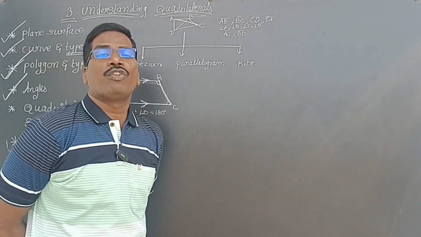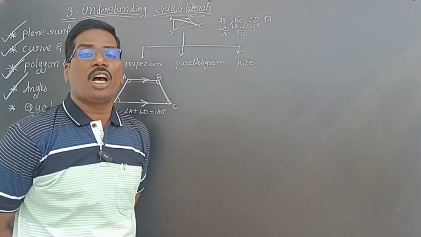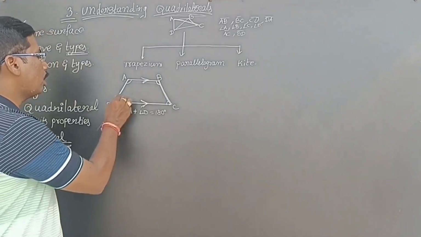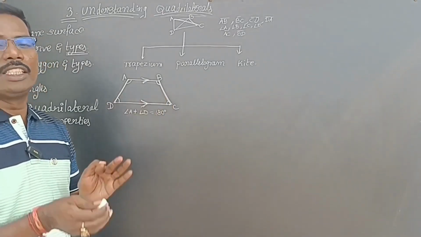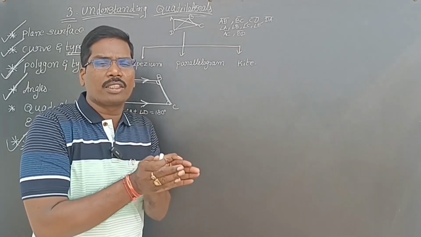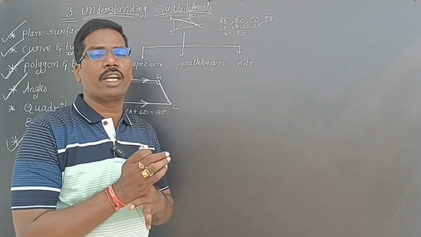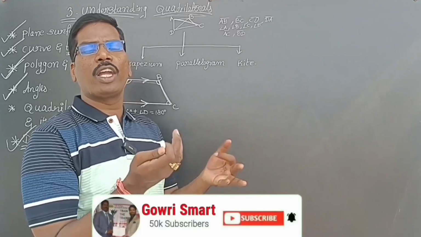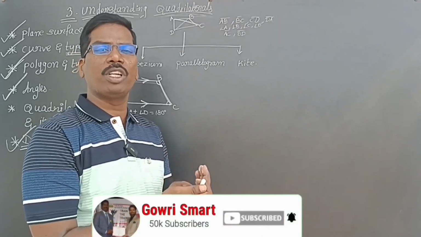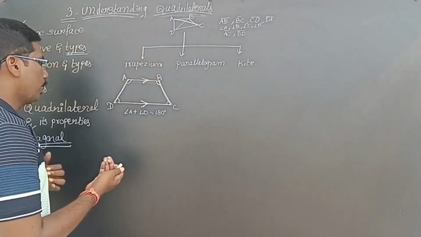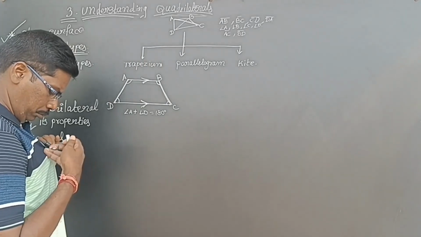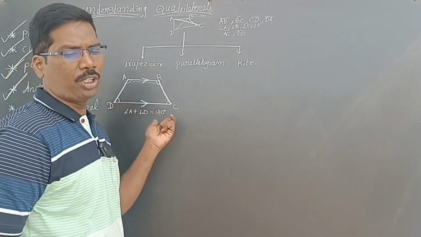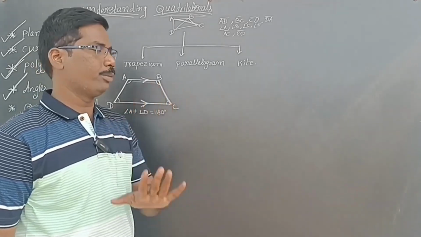Means the adjacent angles of non-parallel sides are supplementary angles. Supplementary angles means the sum of two angles is 180 degrees. So this is the most important property in the trapezium.